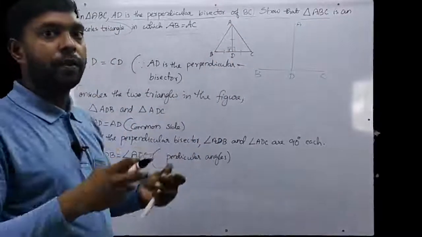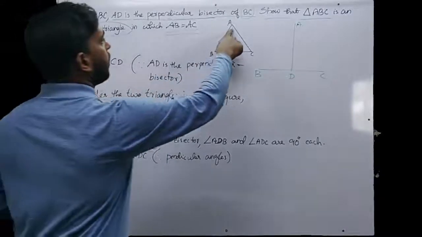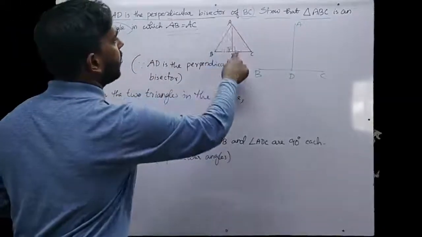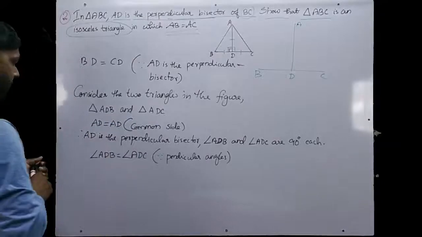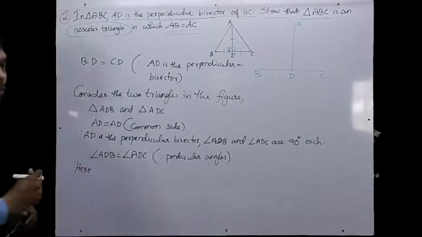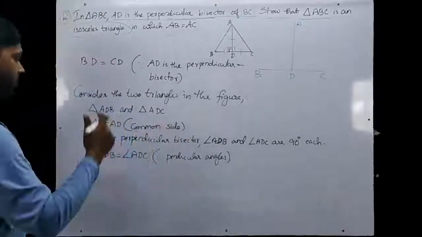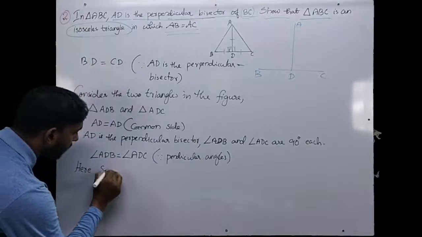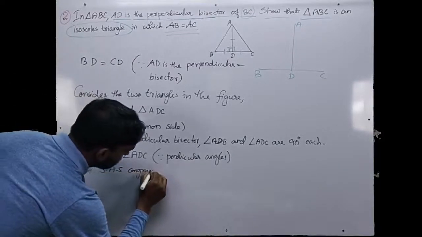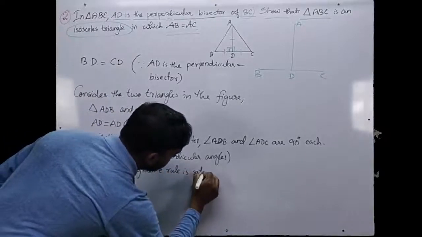So a pair of angles is also equal. So the angle ADB is equal to its corresponding angle ADC. Here we observe that the side congruence rule is satisfied.